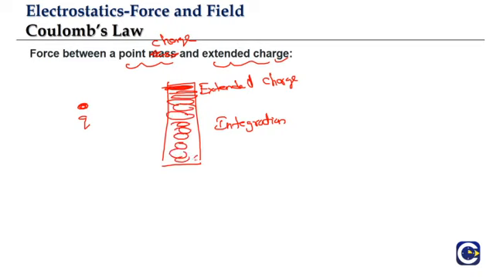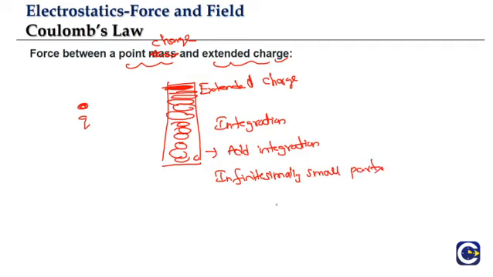We have to find all these forces acting on each and every small part of the body and add these forces by the idea of integration, because when we are dividing the object into smaller parts, we will divide them into what we call infinitesimally small parts using a differential element. So we have to find the force acting on each and every small part and then add up all these forces so that we will get the net force acting on the extended body.